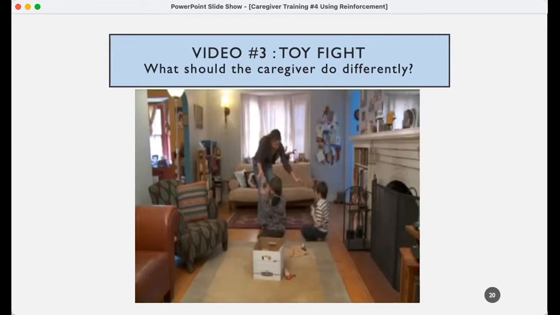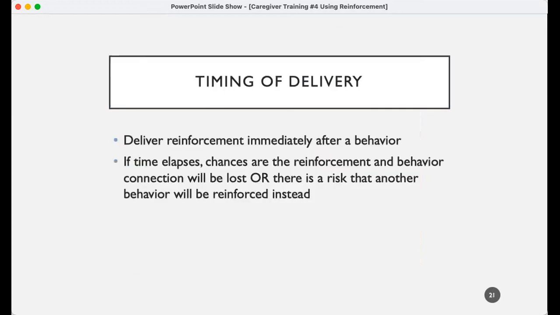Because remember, the timing of the delivery of the reinforcement is crucial. So you want to aim to deliver your reinforcement immediately after a behavior. If time lapses, there are chances that you may reinforce inappropriate or other types of behavior, or there's a connection that's lost and the reinforcement becomes ineffective.